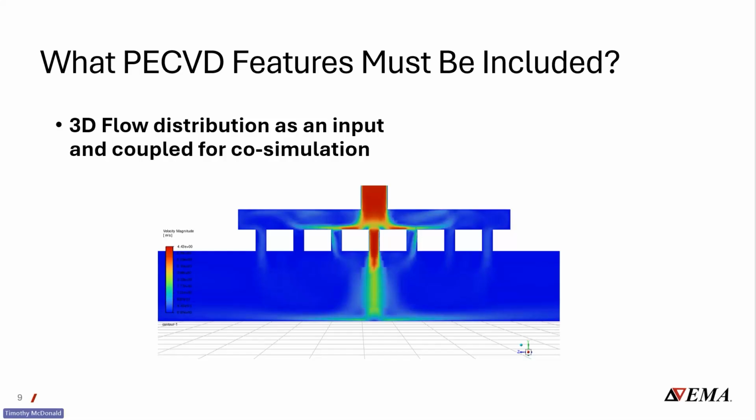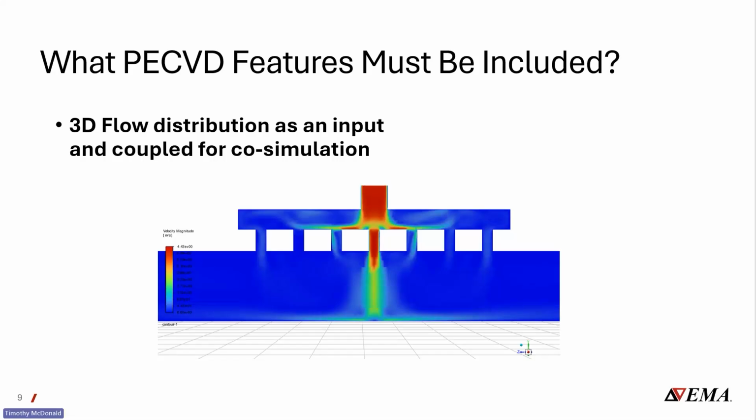Poor flow distribution means the center of the wafer may see different chemistry than the edges. And then residence time. Gas velocity affects how long molecules stay in the chamber, influencing dissociation rates, byproduct buildup, and overall deposition uniformity.